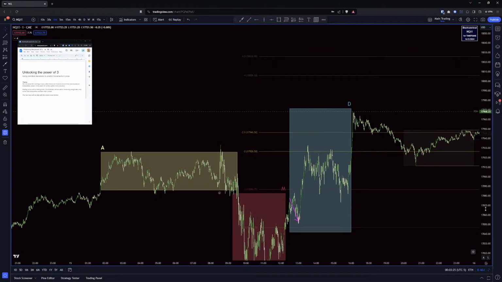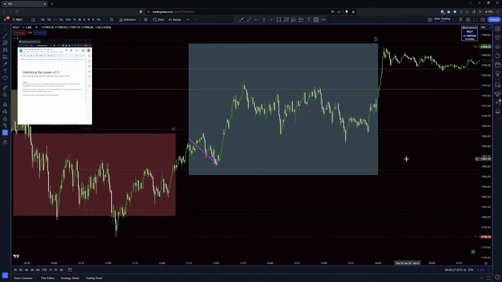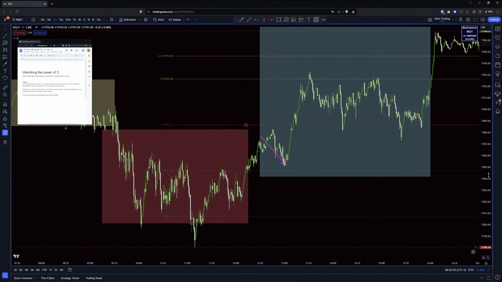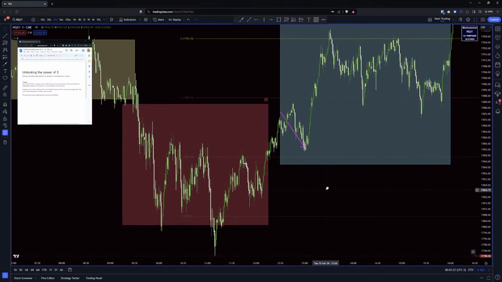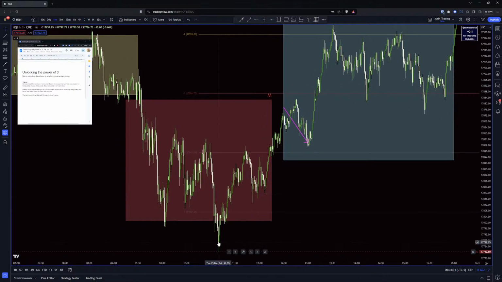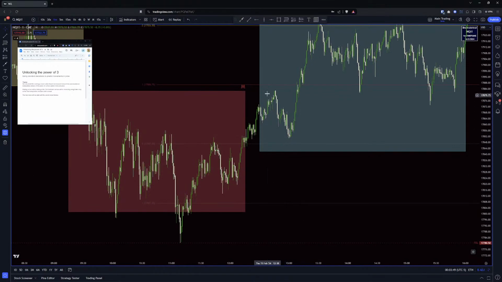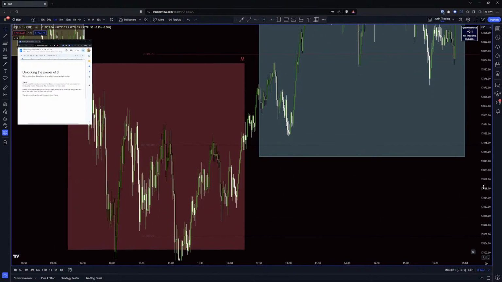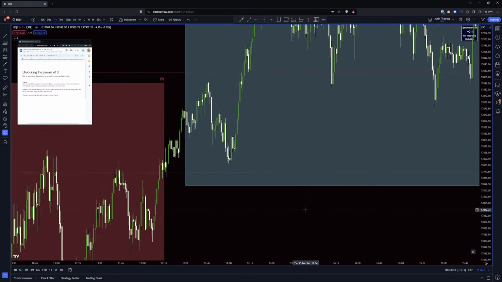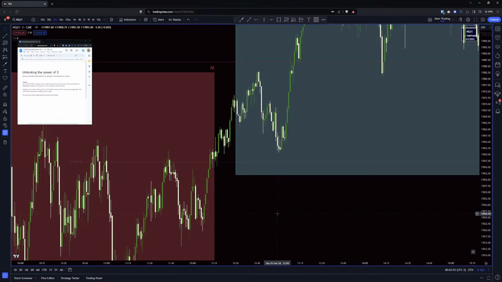So let's say we are here. We see this structure break down here, but we don't get in. We see it late, but we see all this low resistance liquidity, and we see a structure break down, and you say, okay, I want to know where it's going to go before it's likely to turn back around, right?